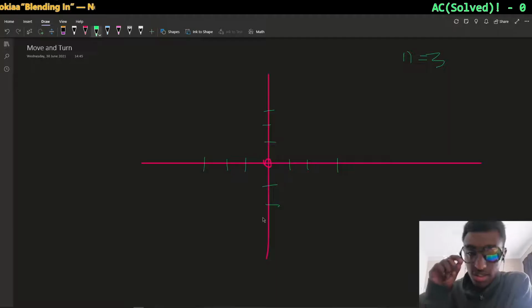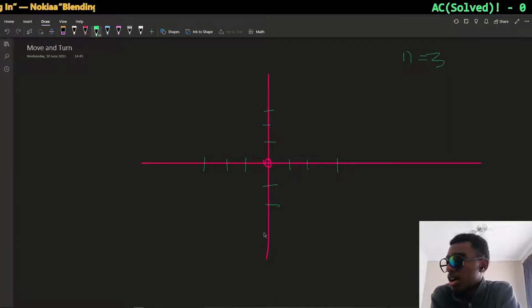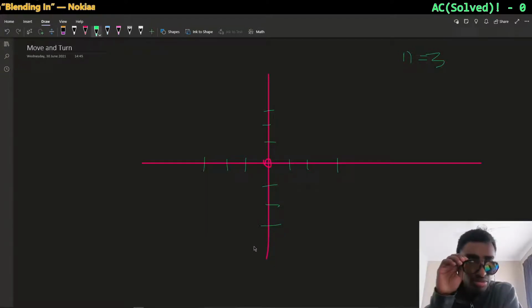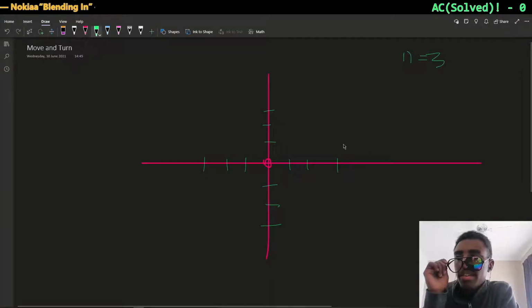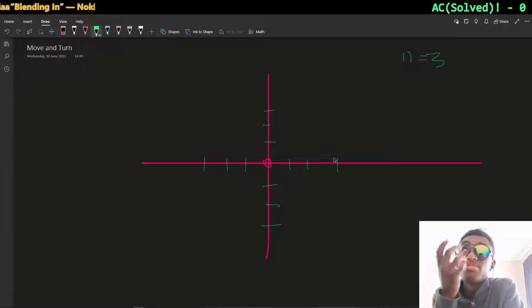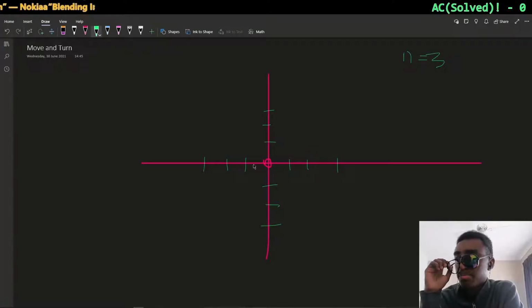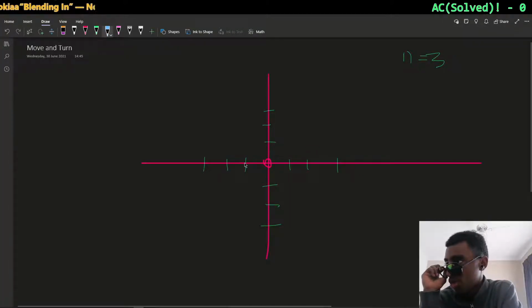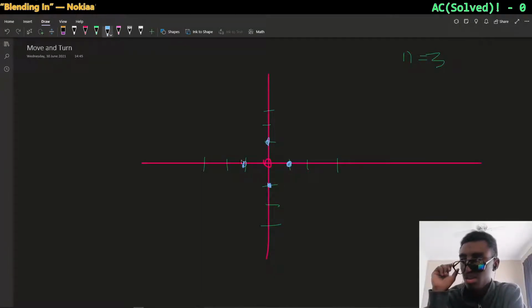Bear in mind this is a DP problem, so that makes it a bit more interesting because we can solve this in steps. So I feel like the initial question we need to ask ourselves is, how many different positions can we end up after one step? We could end up over here, right there, or even there, having moved north, east, south, or west.